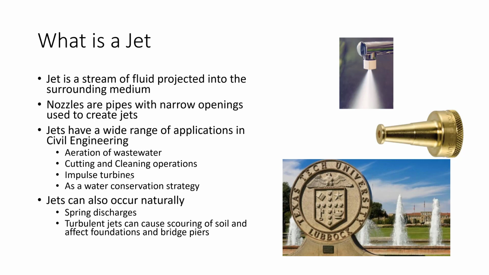Jets are also being seen as a water conservation strategy. These days we see taps, instead of producing a stream of water, produce a jet instead. So we get less water, but more efficient use of that water, because we can clean better with the higher velocity fluid than we could with a larger volume of water moving at a lower velocity.